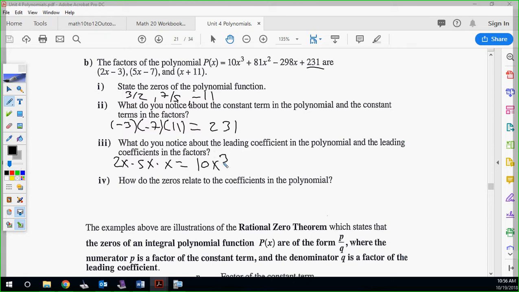So what I'm saying is once you get it, you're going to see that you can check your work pretty easily in terms of the ends. How do the zeros relate to the coefficients in the polynomial? This is the same thing they just said. The numerator, you can just draw an arrow up if you don't feel like rewriting it, but the numerator of the zeros is the constant.